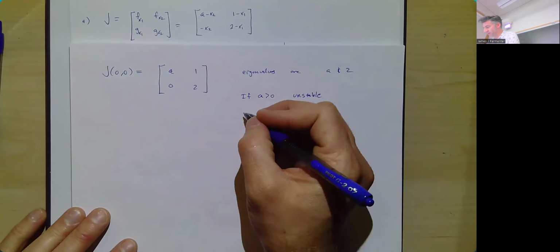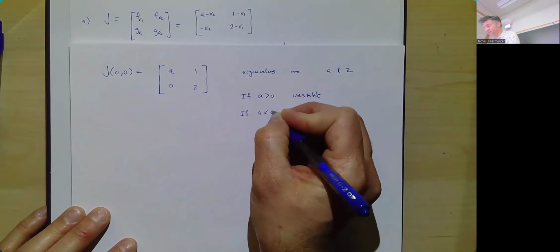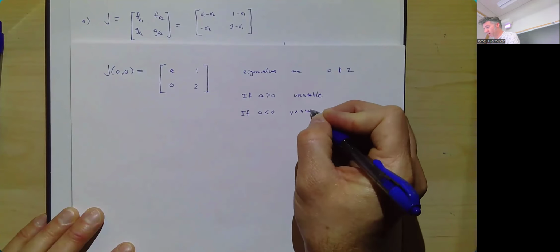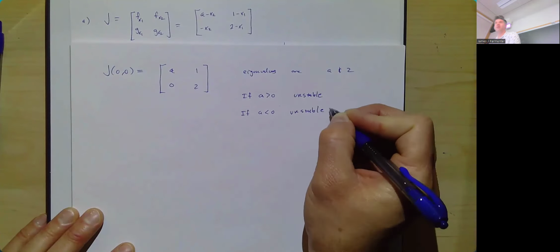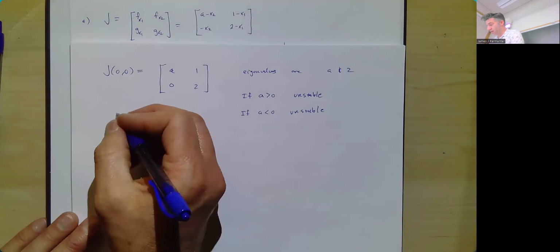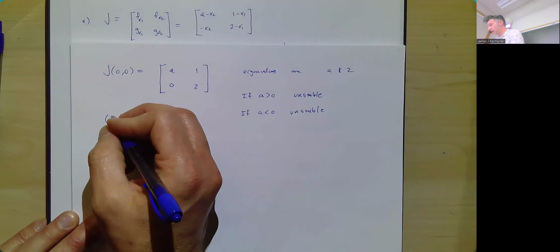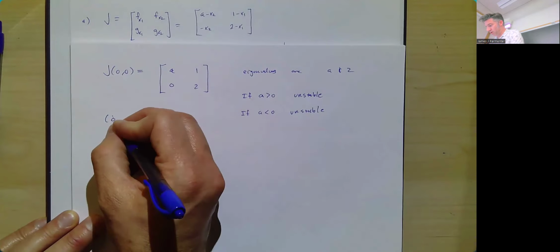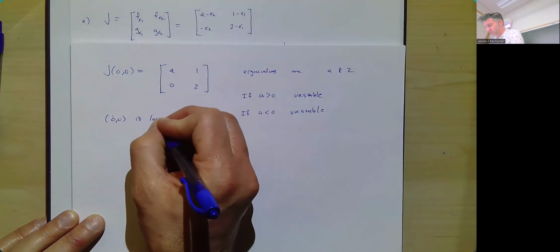What if A is negative? Be careful. Saddle, which means unstable. So no matter what here, you get instability either way. So no matter what, the equilibrium 0, 0 is always locally unstable.